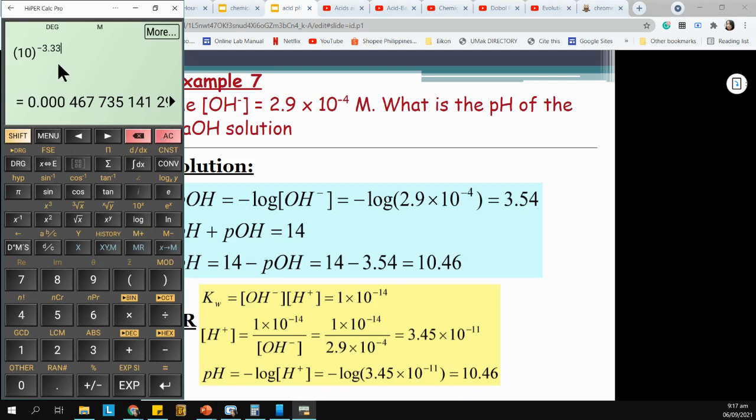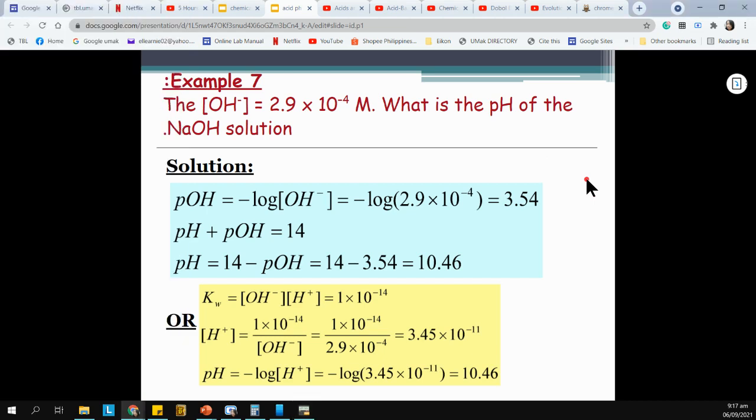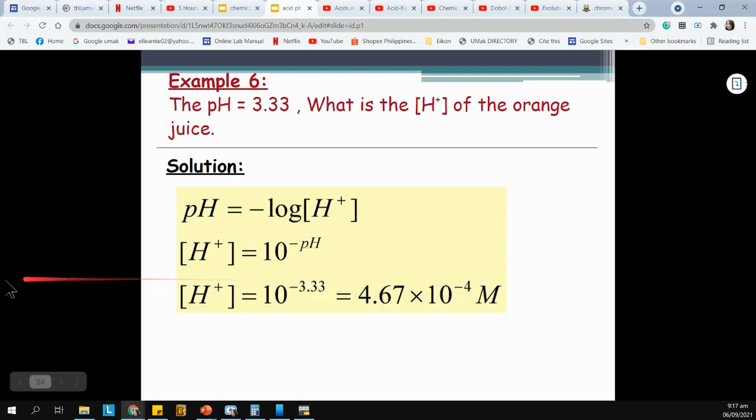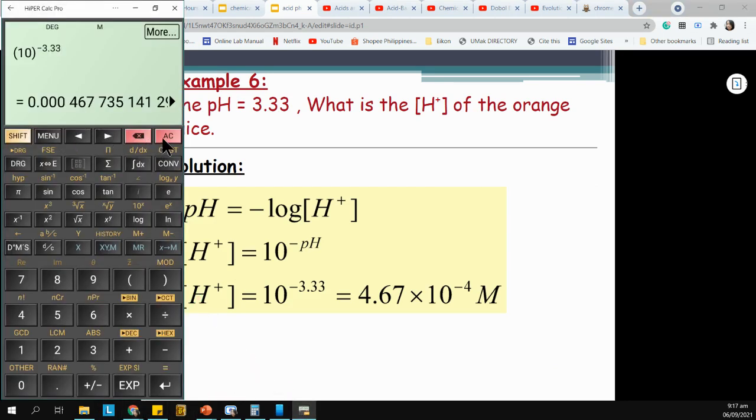So, kung 3.3 na si, wait lang, nagpumabak yung presentation ko. Yan. So, kung pH niya is 3.3, what is POH? So, i-subtract nyo lang. So, 14 minus 3.3, that is POH. So, get the hydroxide concentrations, shift, log.